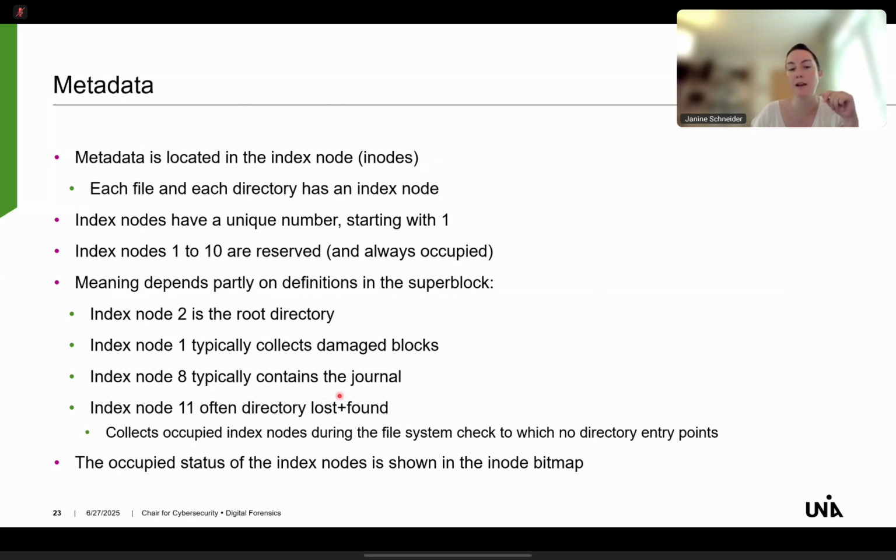So in the lost and found directory, you can find metadata for files where you don't have a file name. Okay, and we already talked about that: the inode bitmap gives you the allocation status of each inode.